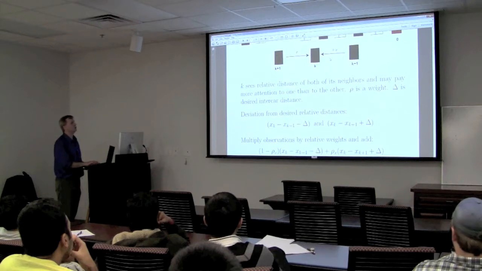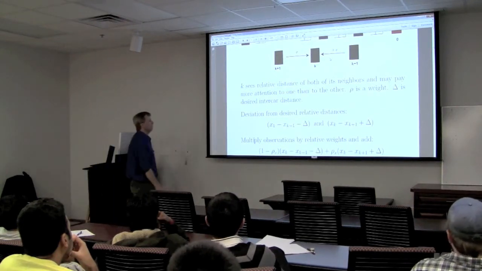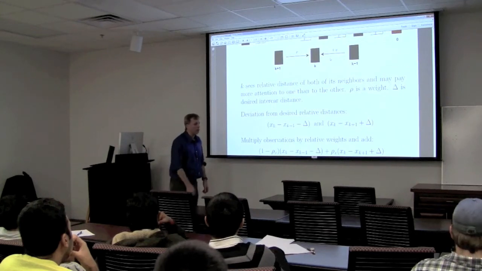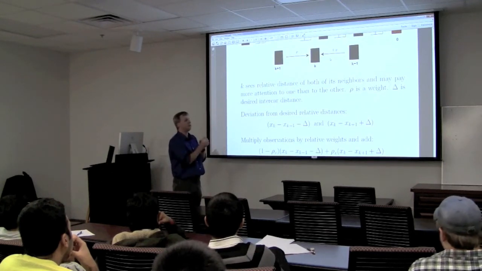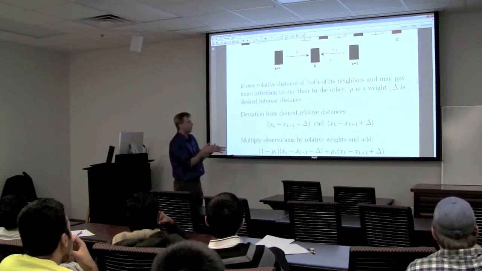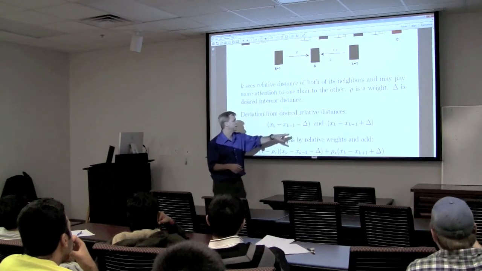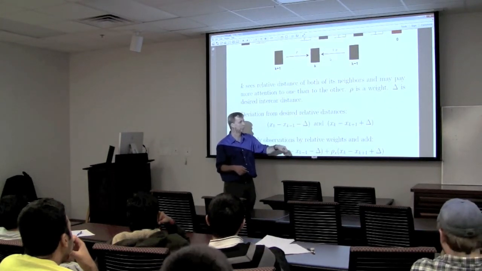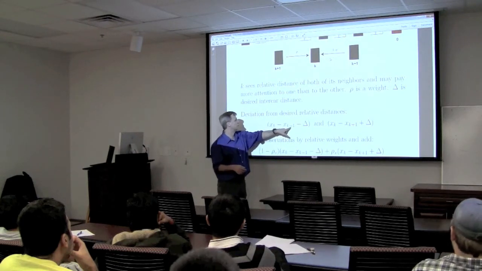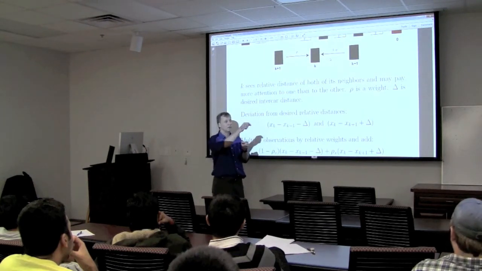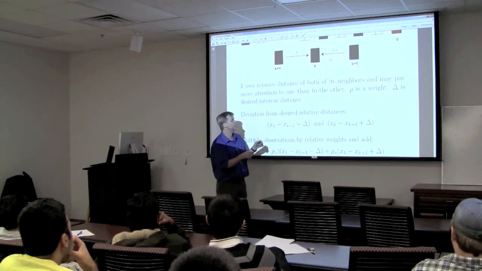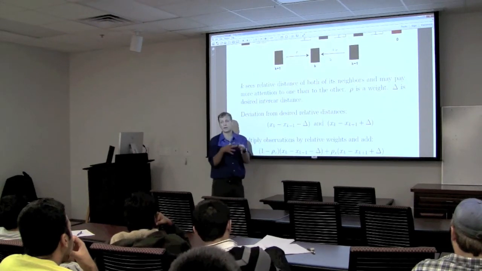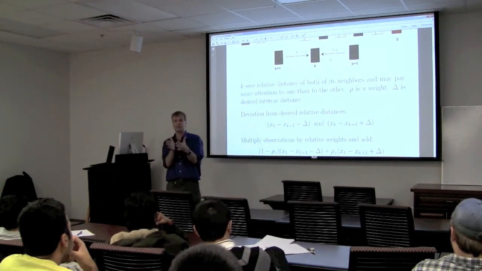Okay, let's see. I'll just repeat the drawing to remind you. What I need to know when I'm behind you, you drive in front of me, I need to know what our desired distance is. If our desired distance is delta, and my real distance, you're in front. The agent k minus 1, as you see in the picture, is in front of agent k. If that distance is too small, I need to decelerate.